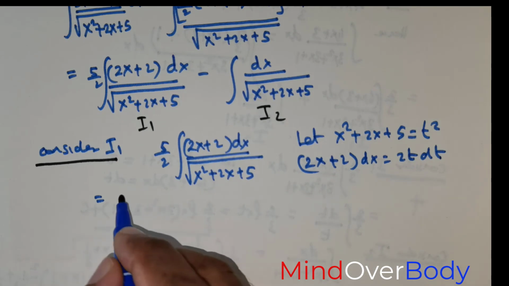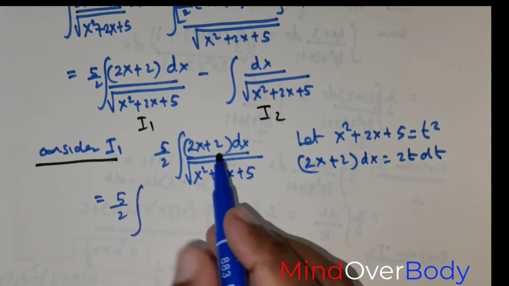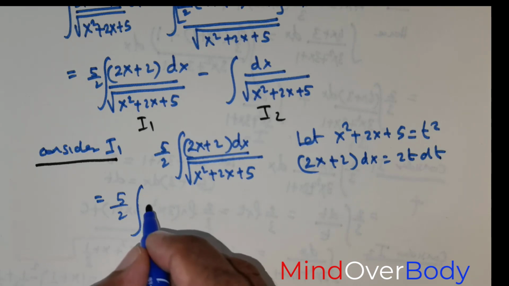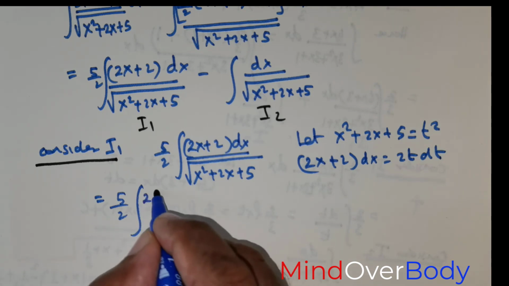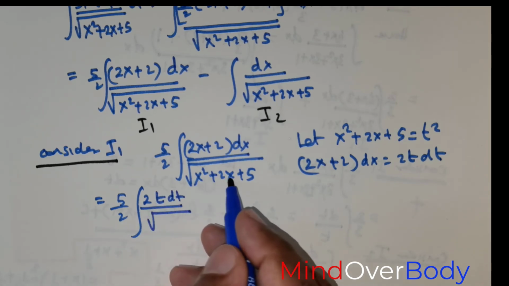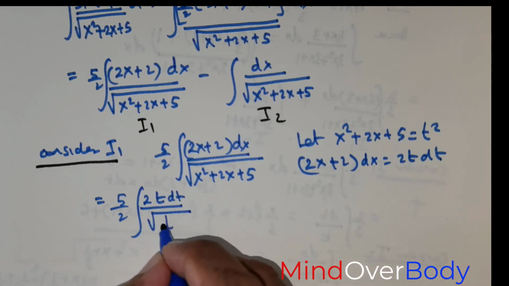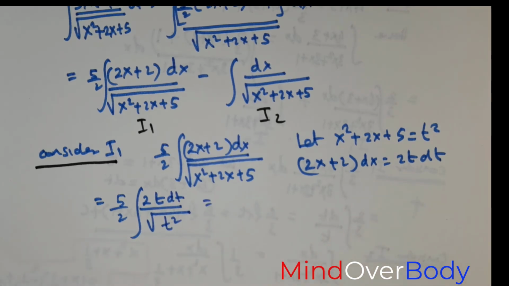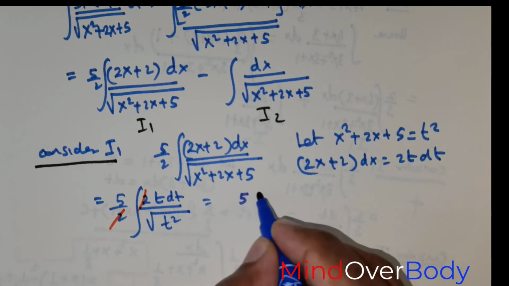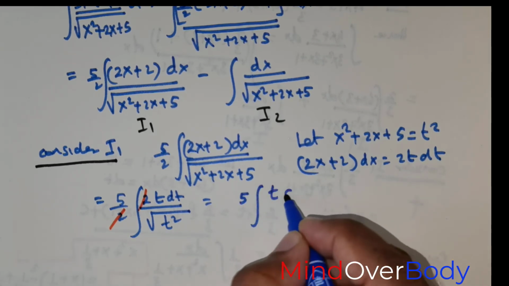So this is equal to 5 over 2 integral (2x + 2) dx, which is going to be equal to 2t dt divided by root of x squared + 2x + 5, which is t squared. So clearly I can get rid of the 2 here, and that would give me 5 times integral t dt over square root of t squared.